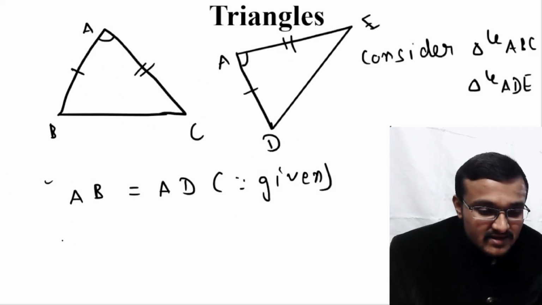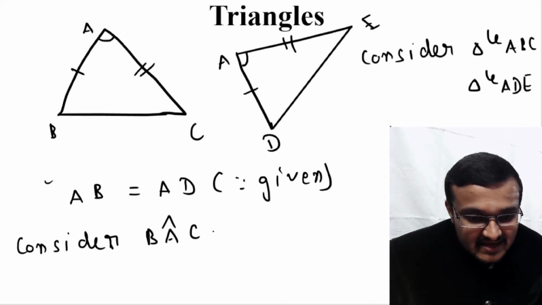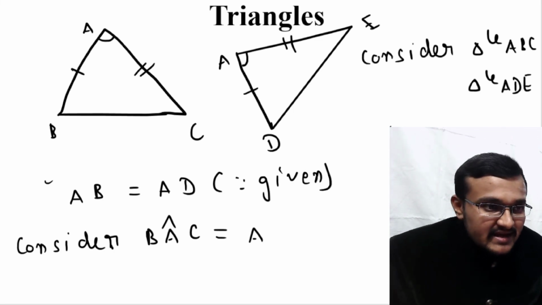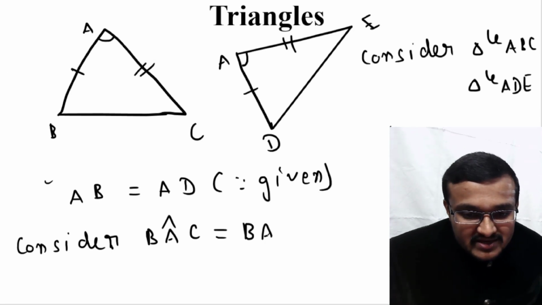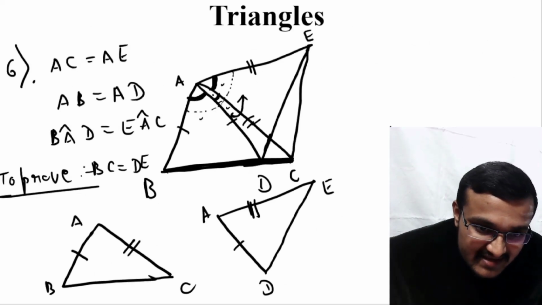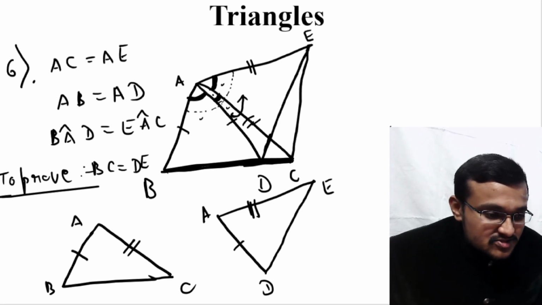Now consider angle BAC, which is equal to BAD plus DAC, because here you can see this is BAD and this is DAC. If you add those two angles, you'll get the total angle BAC.